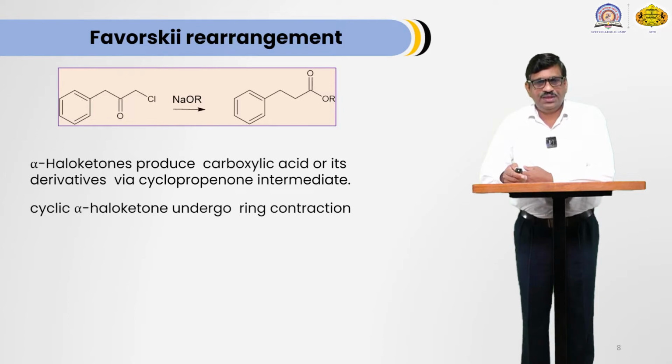You have to remember that alpha haloketone is the starting material, and that Favorskii rearrangement consists of a 3-member cyclic ketone as an intermediate.